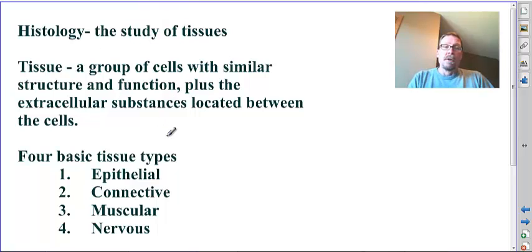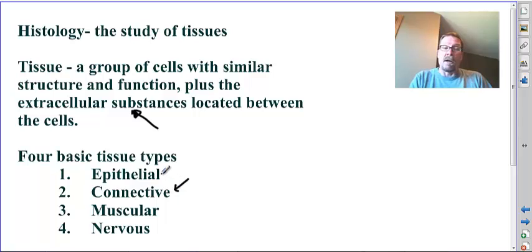Tissues are a group of cells with similar structure and function, plus, and this is the thing that people forget about, the extracellular substances located between the cells, because the cells themselves, of course, are absolutely important. But as we get to talking about connective tissue, you'll see that as important are the proteins, the fluids, and all the stuff around.